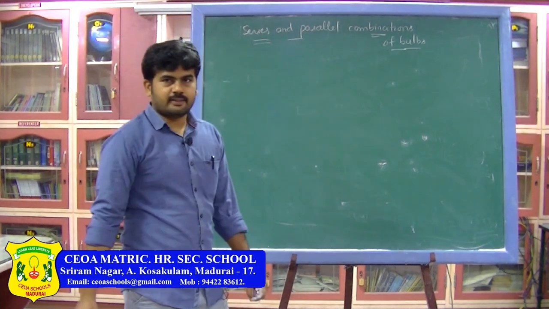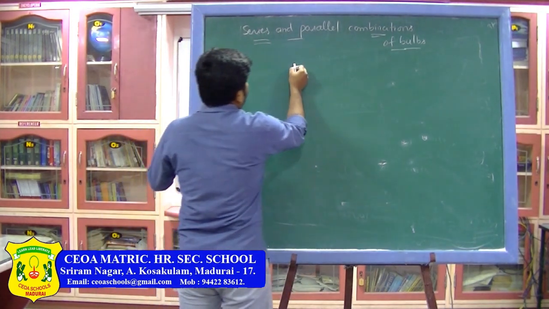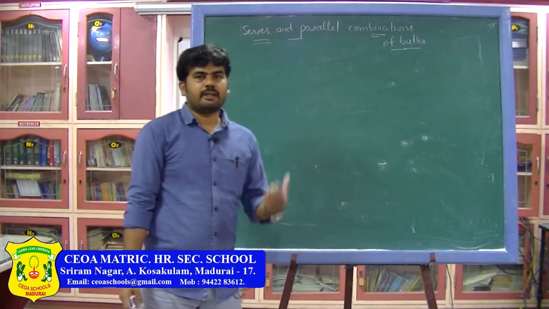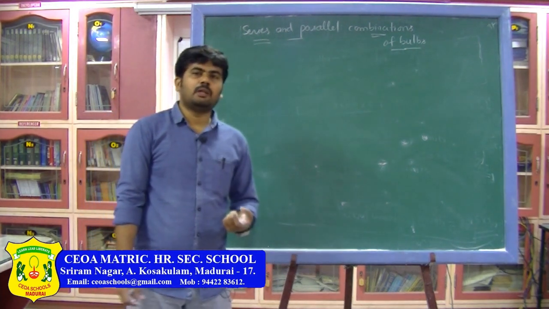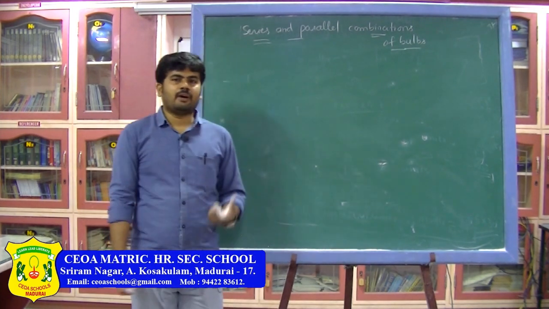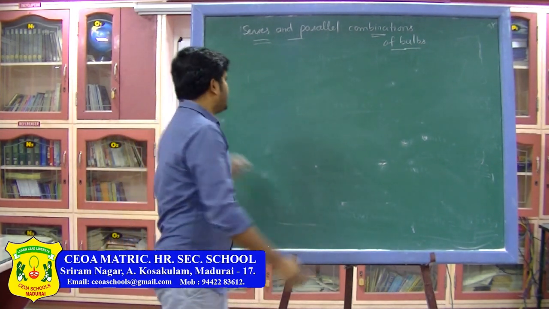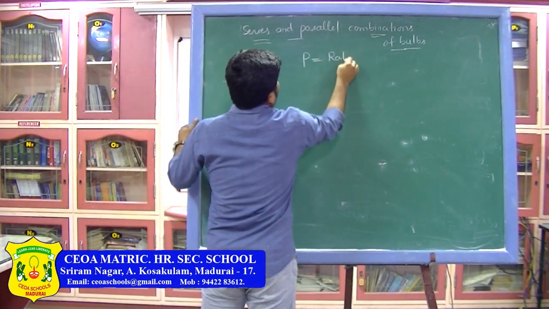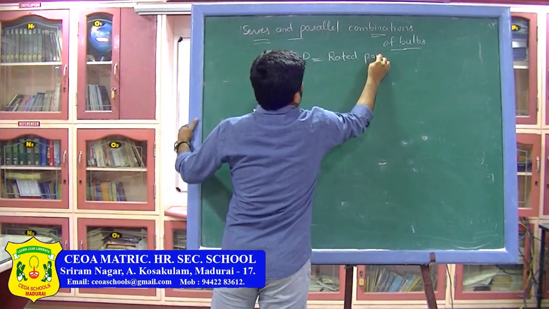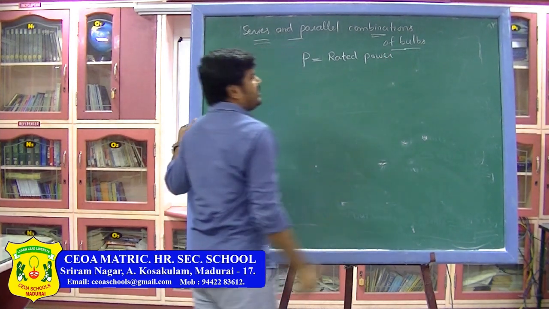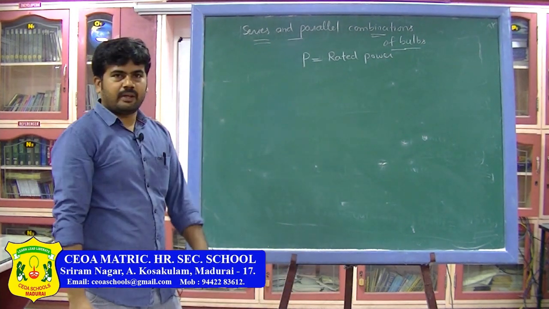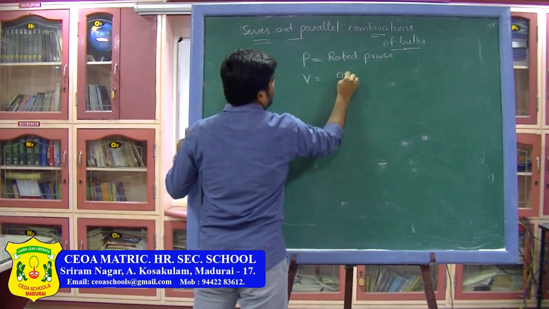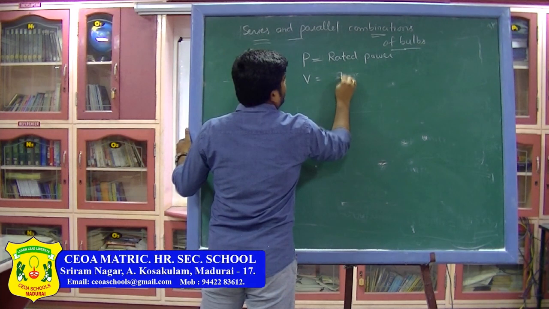Now let us discuss. First, if you purchase an electrical appliance, as I said, there will be some rated values like power, that is the wattage of the bulb, and the operating voltage. Here generally they will mention P, the rated power, simply you can call it the wattage of the bulb or electrical appliance, and V, that is the operating voltage or rated voltage.